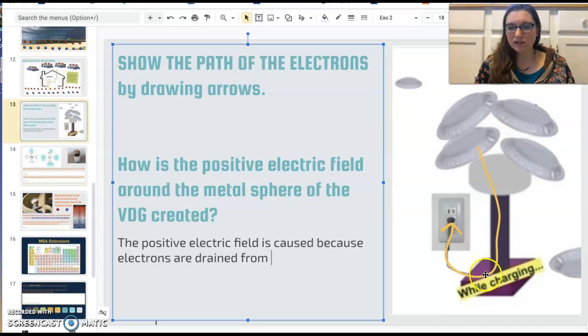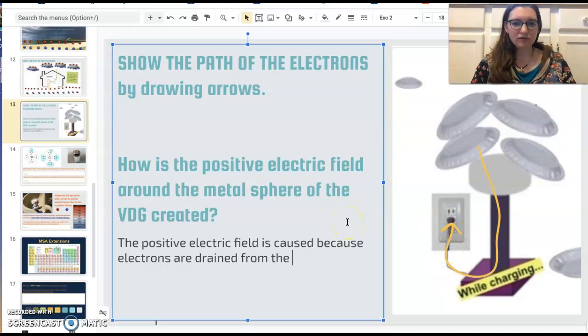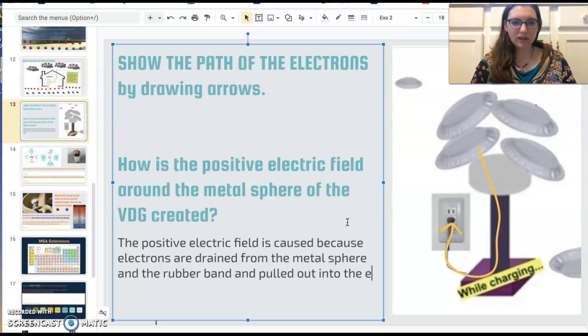The comb on the top metal sphere pulls electrons from the metal sphere, which then pulls them from those plates into the rubber band, and pulls them into the electrical grid. Electrons are drained from the metal sphere and the rubber band and pulled out into the electrical grid.